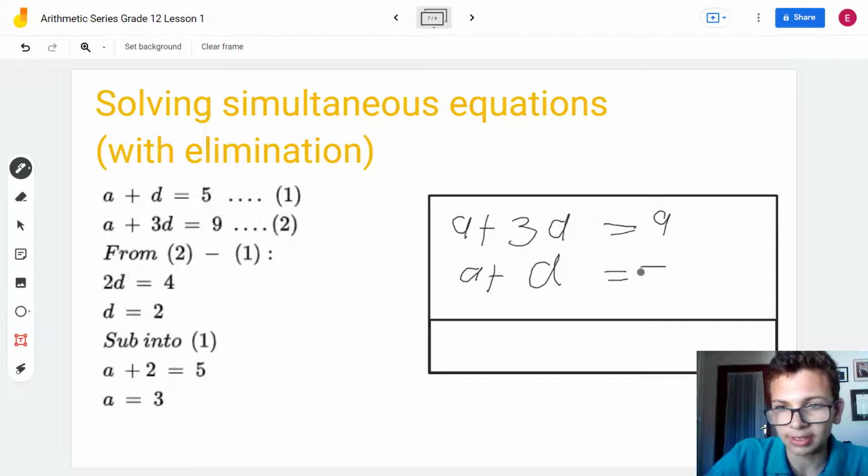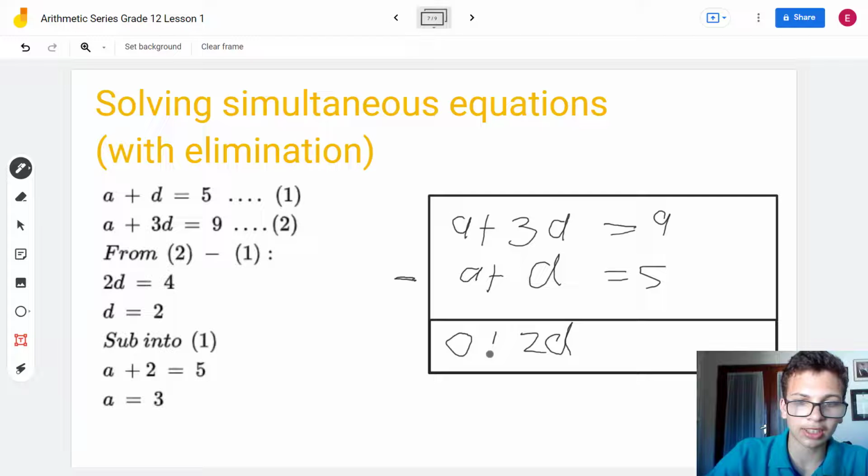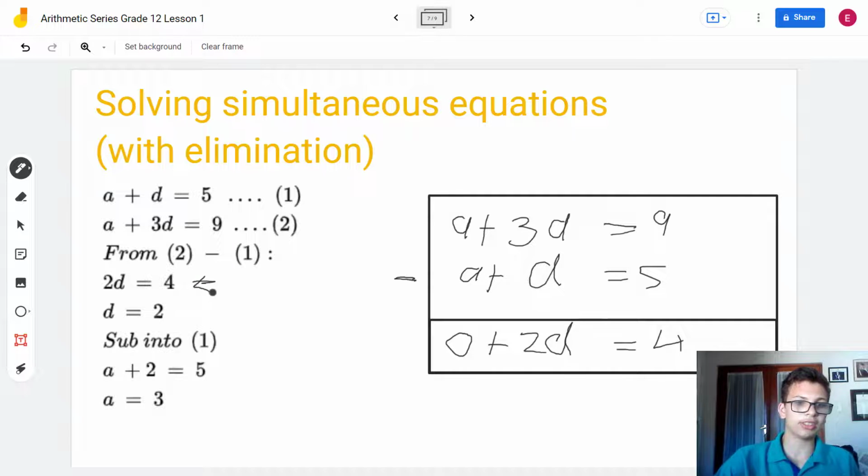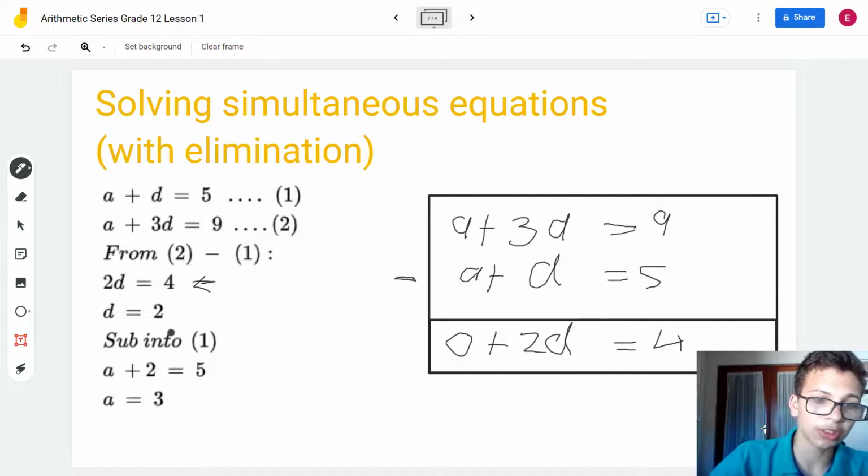If we subtract them, then a minus a will be 0, 3d minus d is 2d, so we're subtracting like terms, and 9 minus 5 is 4. As you can see, we get 2d equals 4, and d equals 2. We can substitute that back into 1 and we get a plus 2 equals 5, and a equals 3.